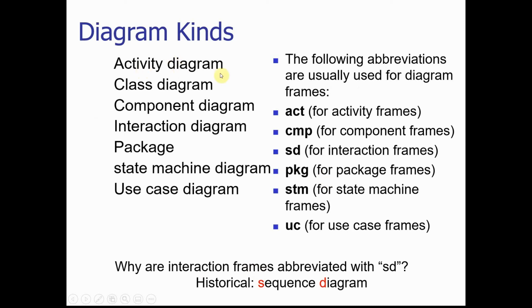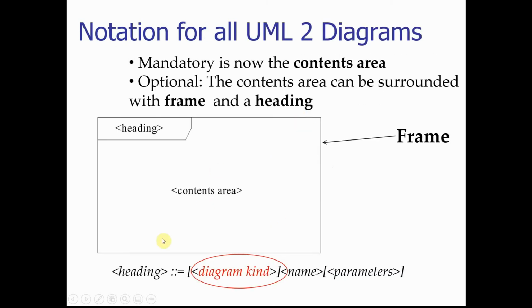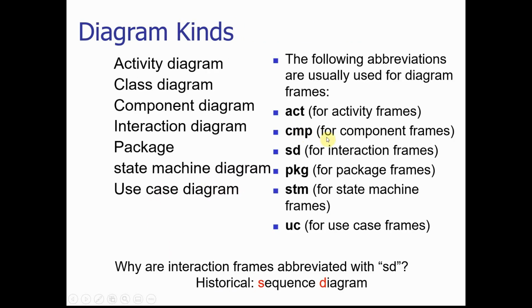For every diagram, there are two or three letters showing the type, like ACT for the activity diagram. So when you see ACT, then you know this is an activity diagram. CMP stands for component frame, and SD stands for interaction frame. Why does SD stand for interaction? Because SD stands for sequence diagram. In the past, we called it sequence diagram, and people were already used to this name.